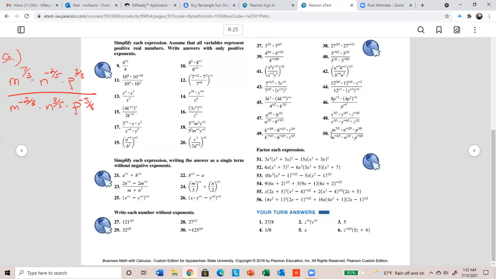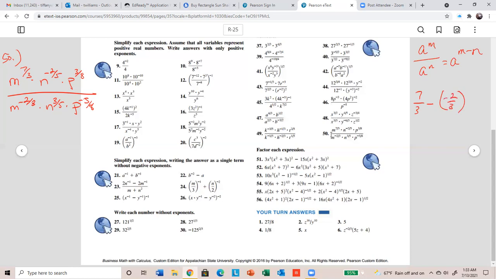You've got m to the 7/3, you've got m to the negative 2/3. This is a division problem. Your division rule says that if you've got a to the m over a to the n, that's equivalent to a to the m minus n. So to divide, we subtract the exponents. If I look at the m's, I'm going to take my 7/3 minus my negative 2/3.